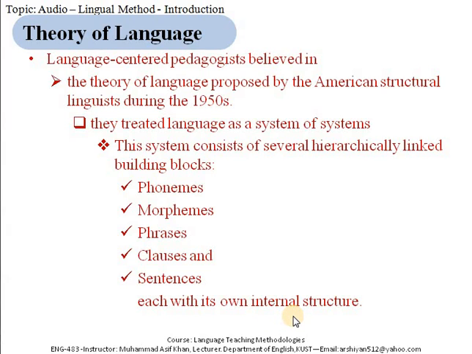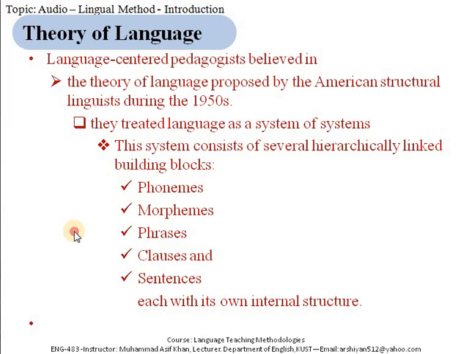So structural linguists treated language as a system, and they believed that every component or every block of this very system has structure, and by combining these small structures we arrive at the complex system and structure of the language. So this was the theory of language behind audio-lingual method.